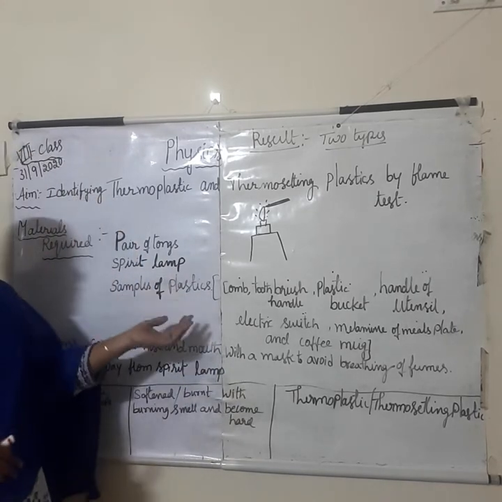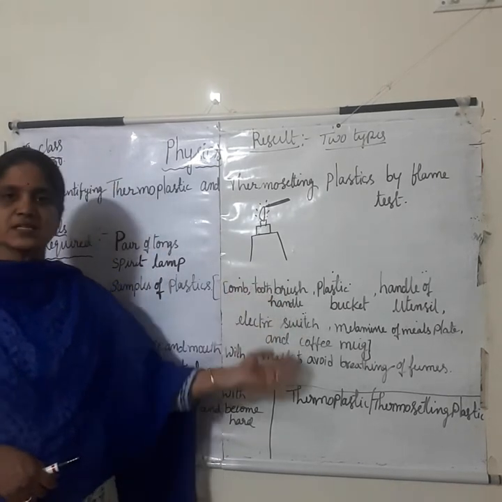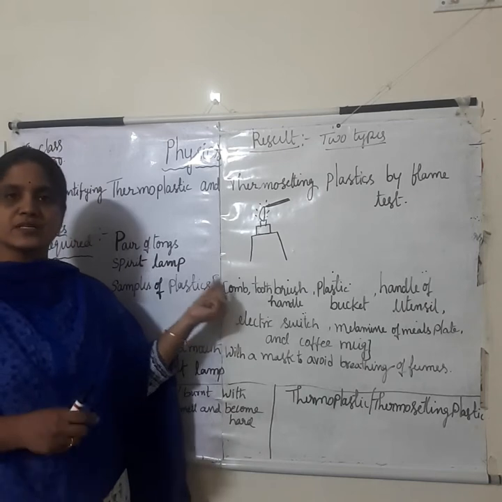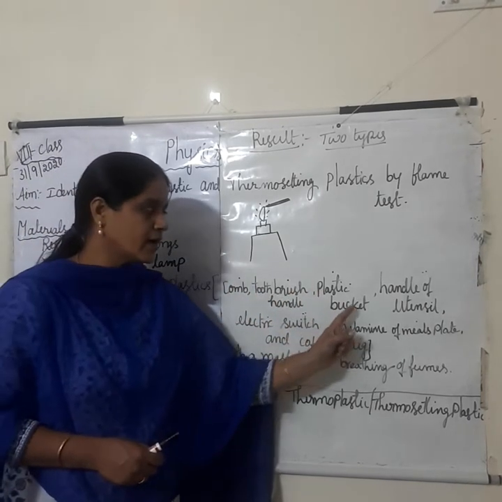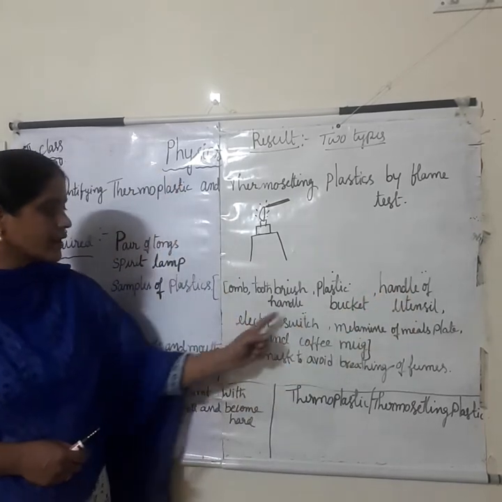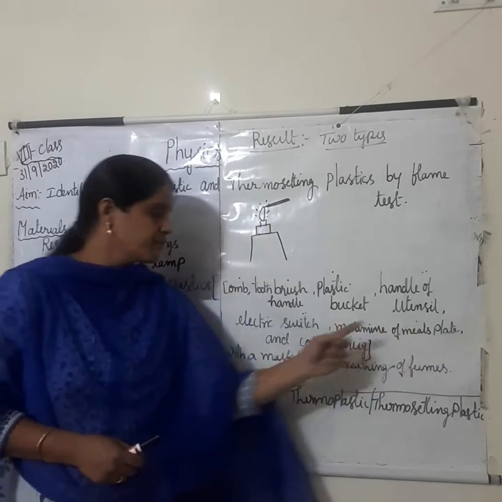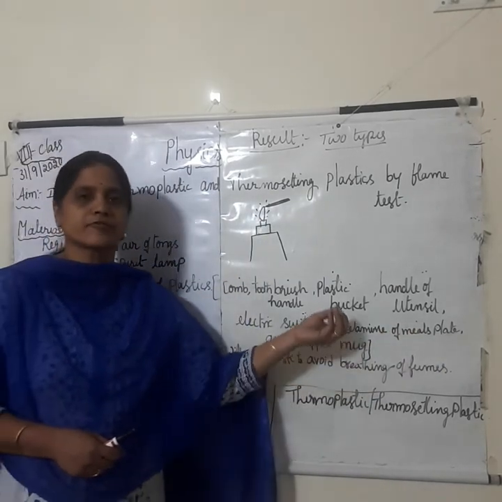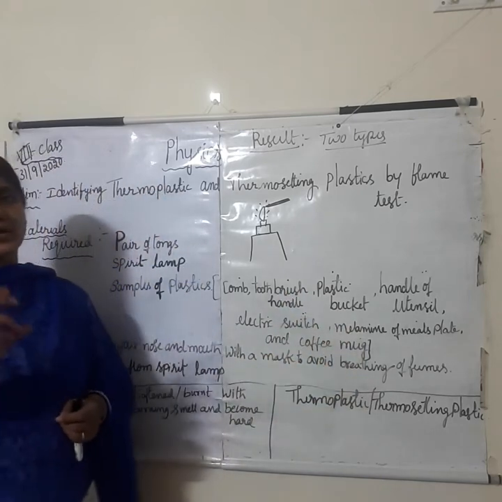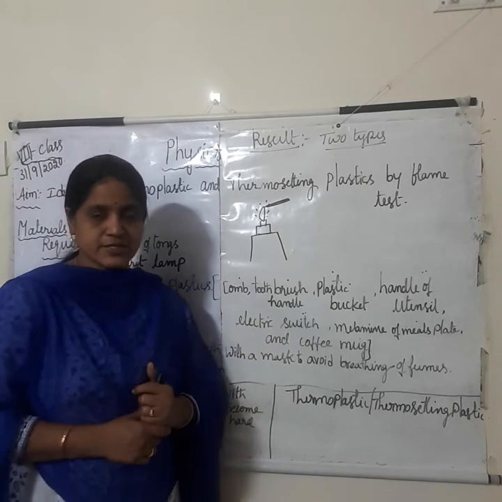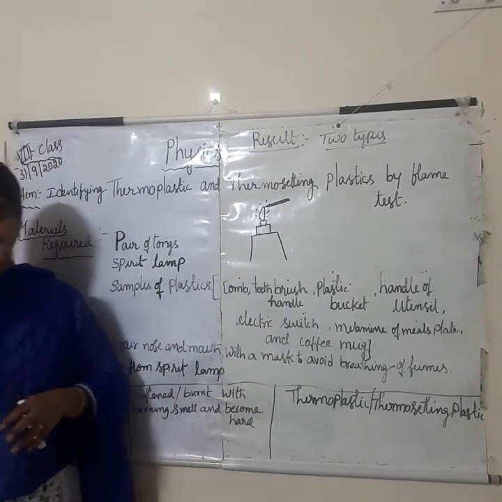You can collect pieces from a comb, a toothbrush handle, a plastic bucket, the handle of a utensil, an electric switch, a melamine meals plate, and a coffee mug. These are a few things. You can collect more if you are interested. These are the materials required for the lab activity.